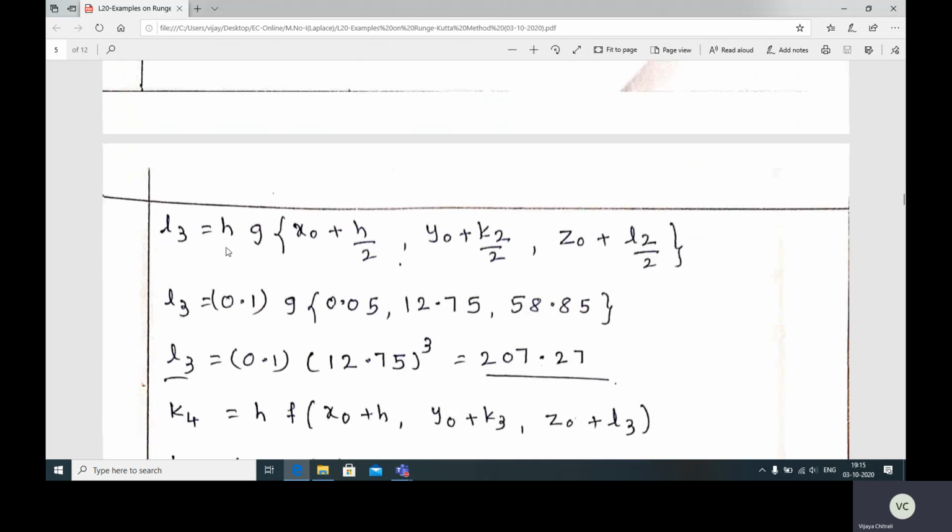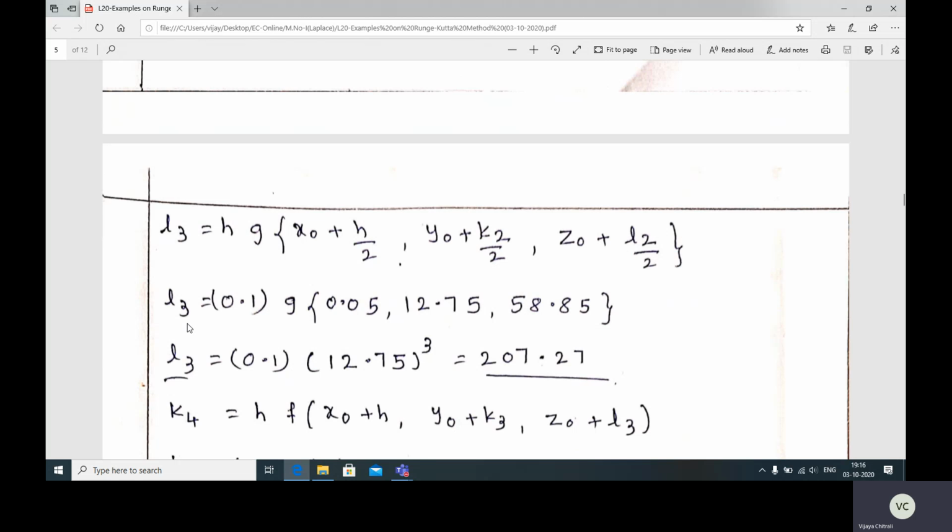Now find L3. So L3 is equal to h into g of x naught plus h by 2, y naught plus k2 by 2, z naught plus L2 by 2. So here x naught plus h by 2, we got 0.05 and y naught plus k2 by 2 as 12.75 and z naught plus L2 by 2 as 58.85, right?